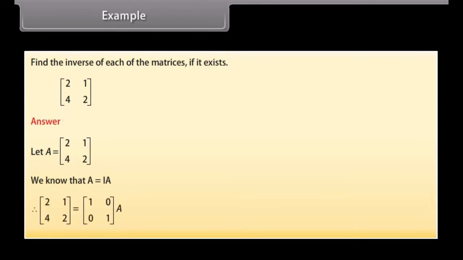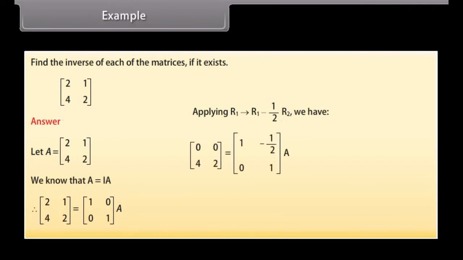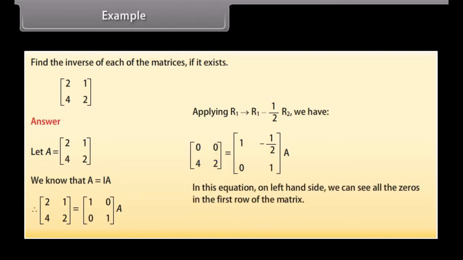Therefore, [[2, 1], [4, 2]] is equal to [[1, 0], [0, 1]] into A. Applying R1 changes to R1 minus 1/2 of R2, we have [[0, 0], [4, 2]] is equal to [[1, -1/2], [0, 1]] into A. In this equation, on the left-hand side, we can see all zeros in the first row of the matrix. Therefore, A inverse does not exist.